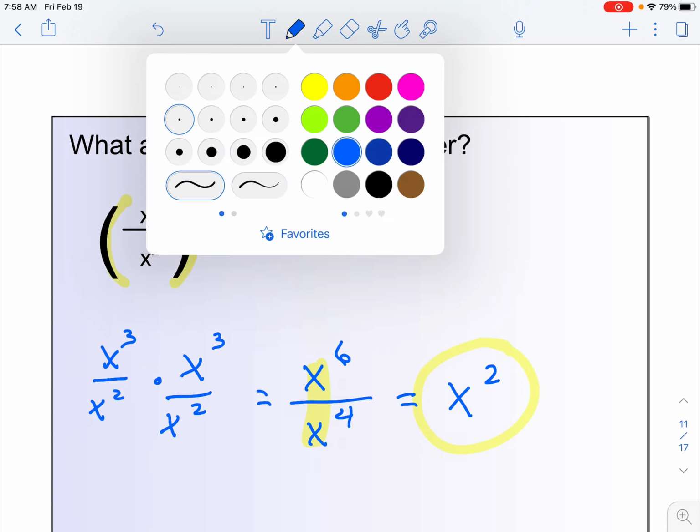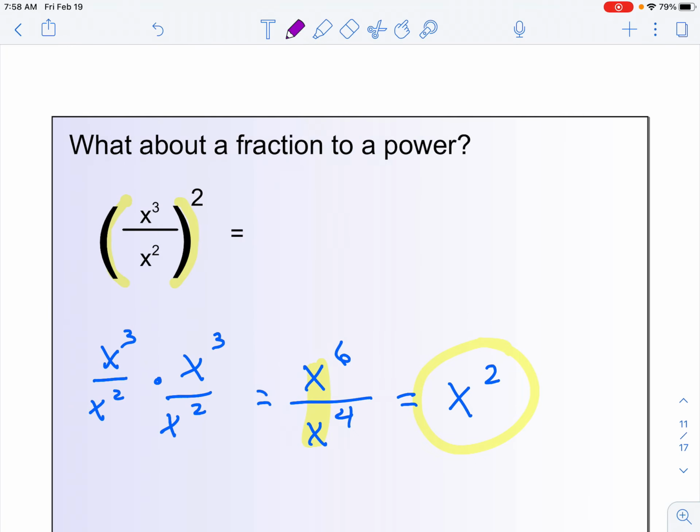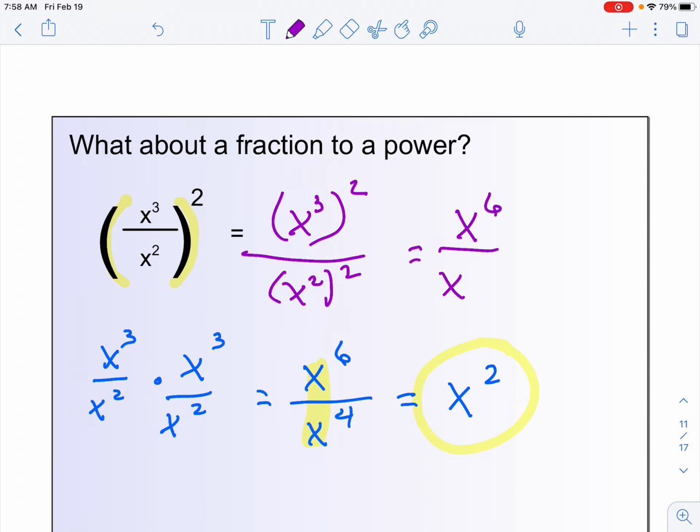But there is a shortcut here, and basically what we can do is raise the numerator to that power and the denominator to that power. So now we have a power to a power, and that means we multiply those exponents. Power to a power, we take 2 times 2, multiply those exponents, and then again we get 6 minus 4.